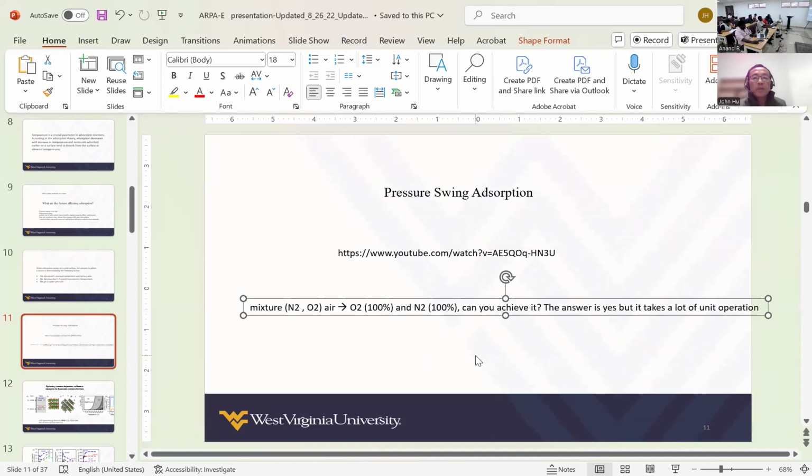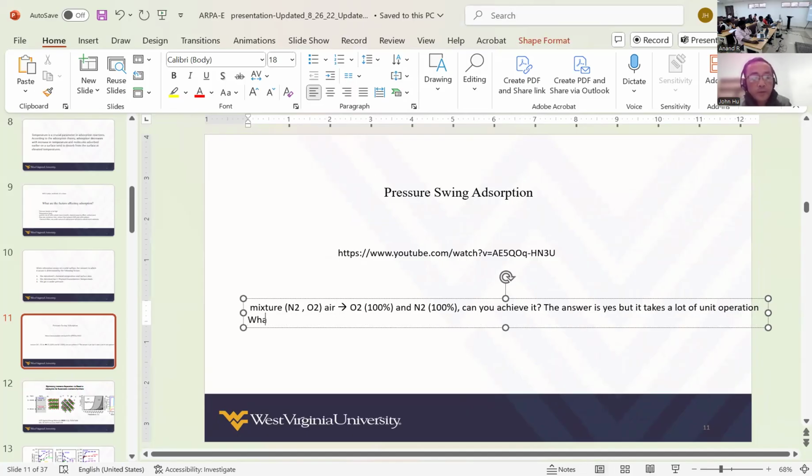So what's the general practice? Okay. Here's the general practice. The general practice is more like this.